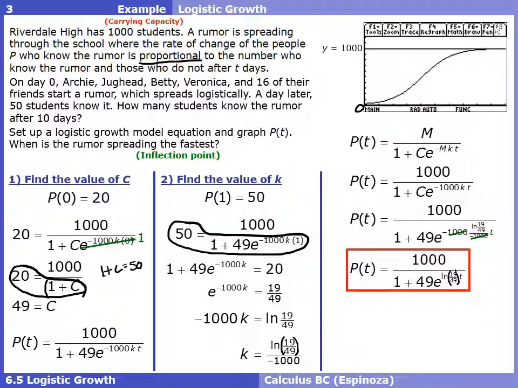Each of those little marks there is 100, so that'll make it look a little bit nicer if you do that. The other thing I did is on the x-axis, I made the maximum value 10, just to get enough of the picture here to kind of see what's going on. So again, if you want to pause and make sure you can get this picture in your calculator, that was probably a good idea.